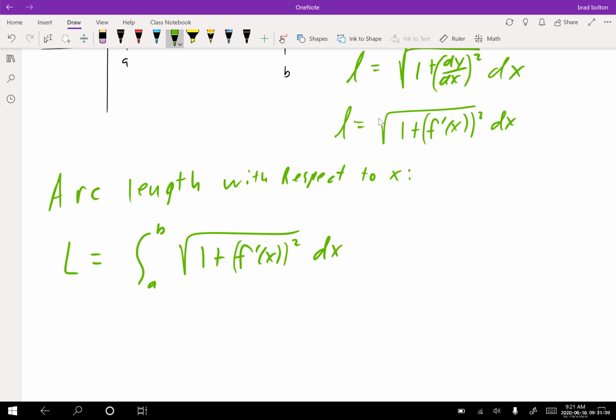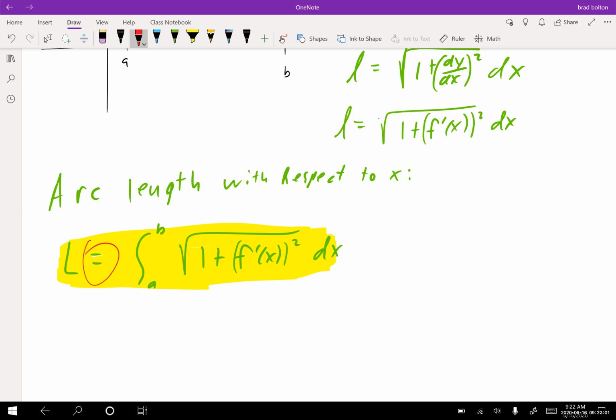squared dx. So the big thing with this formula right here is that it's basically saying you're not just drawing one triangle, you're approaching an infinite amount of triangles to help you calculate that arc length. And it is no longer an approximation, it is now exactly the arc length, okay?